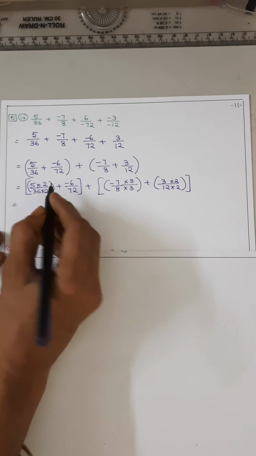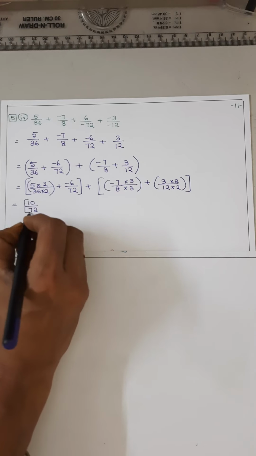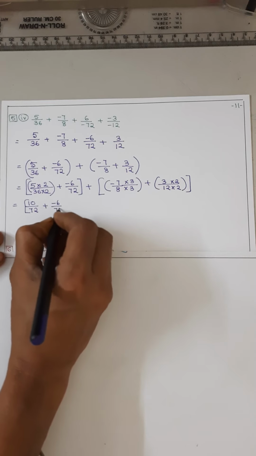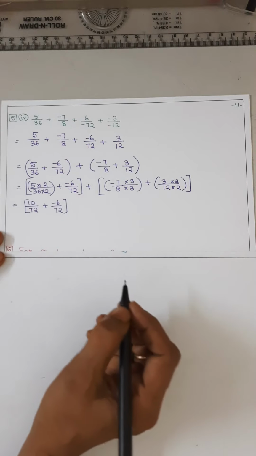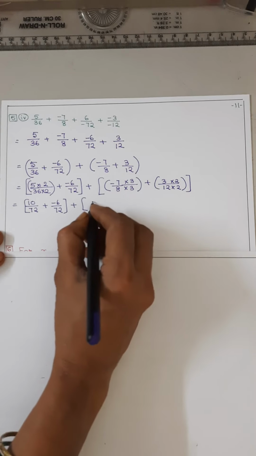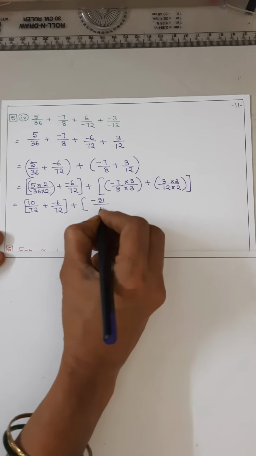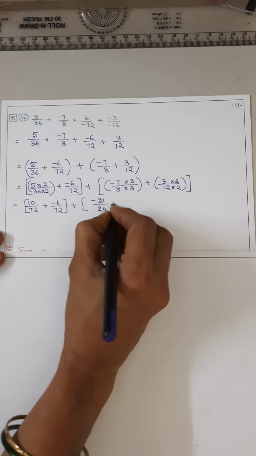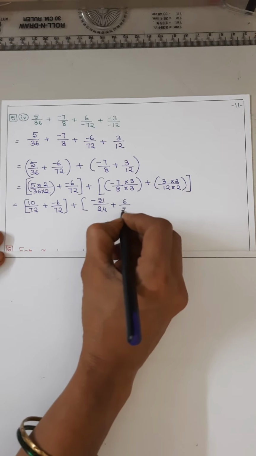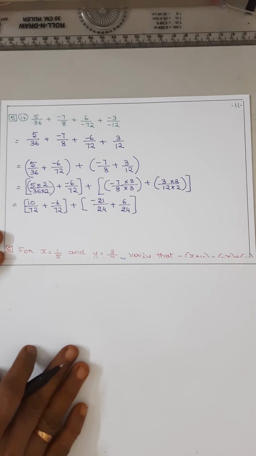Now 5 twos are 10/72, plus minus 6/72 as it is, plus minus 7 threes are 21, 8 threes are 24, plus 3 twos are 6 upon 24. Hope you are understanding.